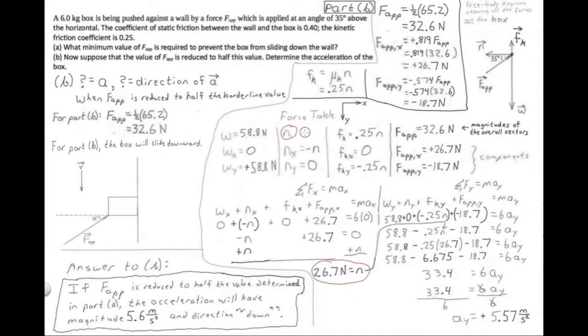In Part B, we did not reuse the value for n that we obtained from Part A. Instead, we used the Newton's second law equations to determine a new value for n for Part B. In Part B, the box was still motionless in the x component. So in Part B, we could still substitute 0 for a sub x in our Newton's second law equation.